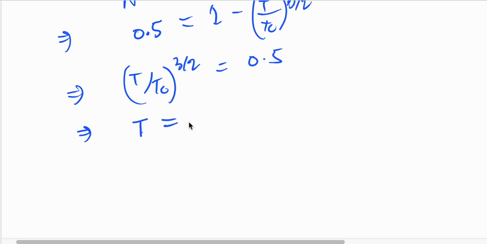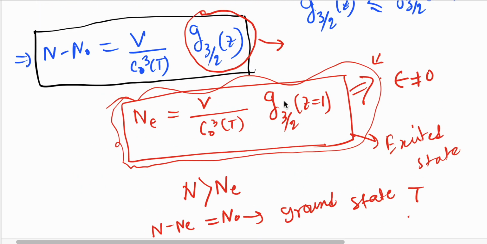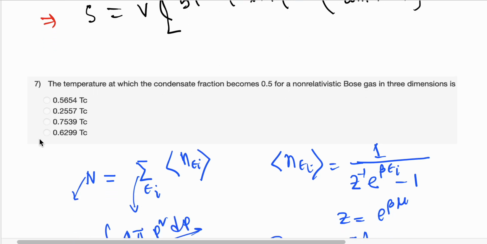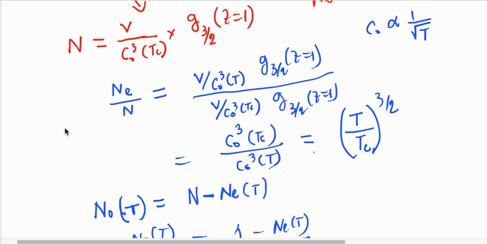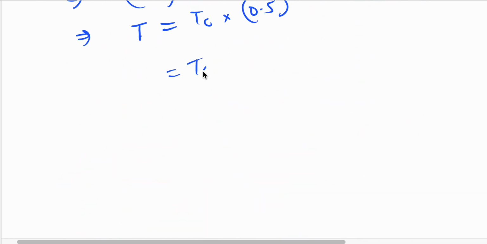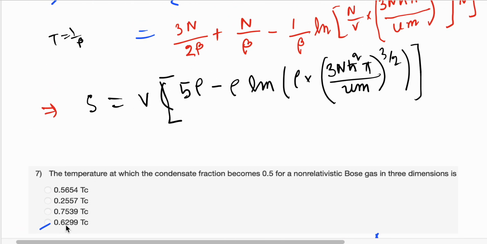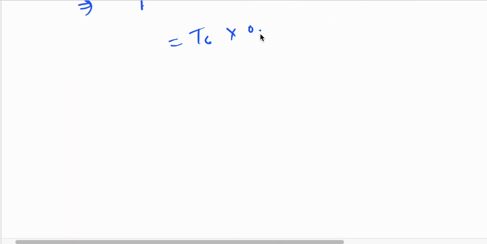So T will be Tc into 0.5 to the power 2/3, and if you use your calculator, you will get the value 0.6299 Tc.